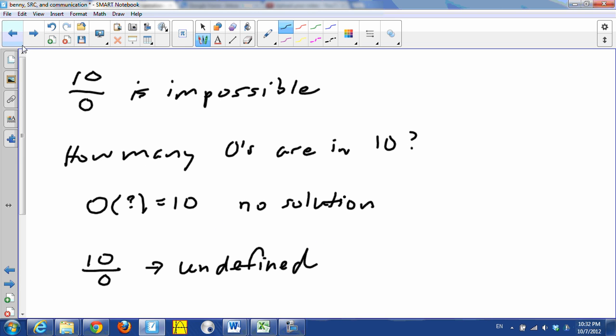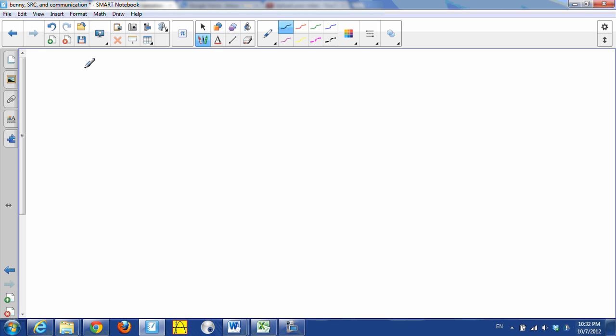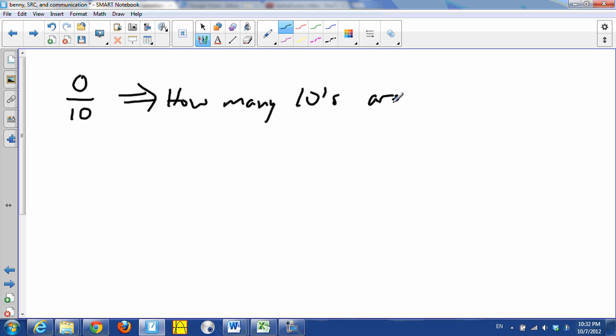Now, let's look at the flip side. 0 divided by 10. That's asking how many tens are in 0.